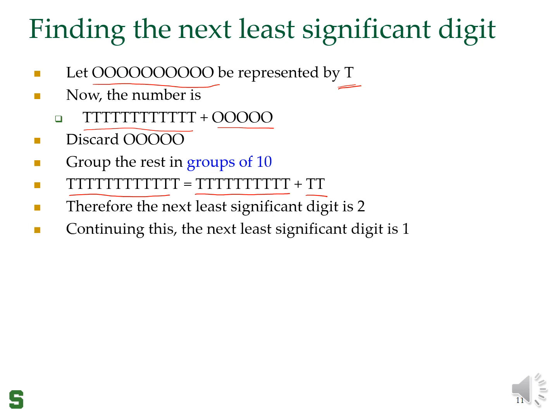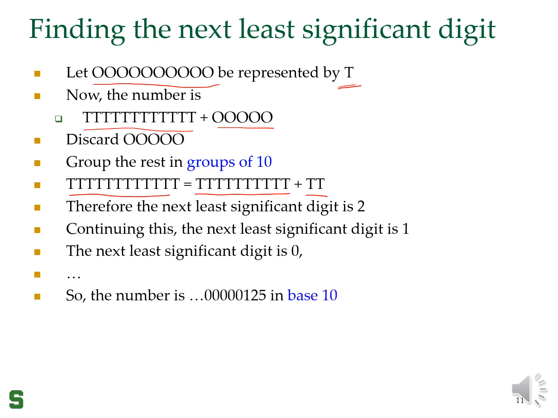Keep going further, the next significant digit is 1, and I can actually keep doing this again and again. If I look for the next significant digit, I will get 0, so I can write this number with as many zeros as I want at the beginning, because they don't add any value, followed by 1, 2, 5, which is the actual number in base 10.